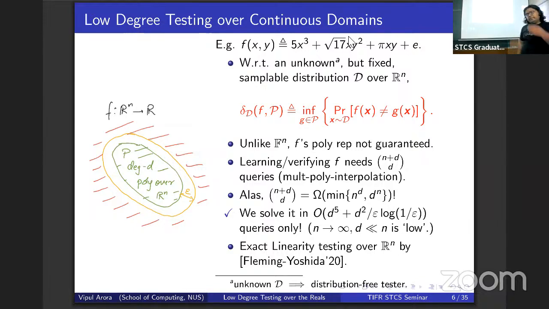So the only queries you will be making are like you don't get to choose the point at all? We do. You have sample access to the distribution, and you can ask correlated queries to those. Because the idea is to do testing on line restrictions. Typically in a BLR test, you query 3 points on a line, and then you check some correlation.